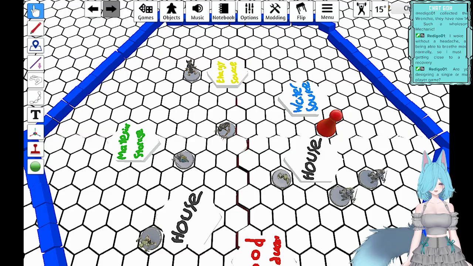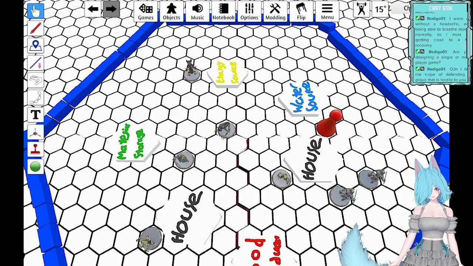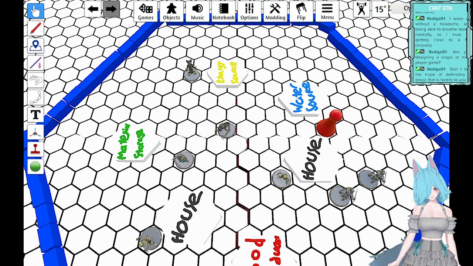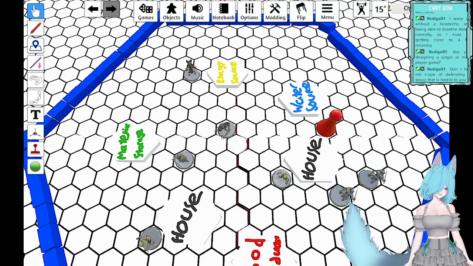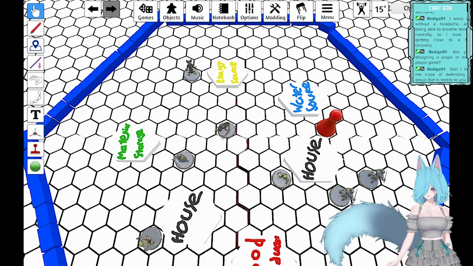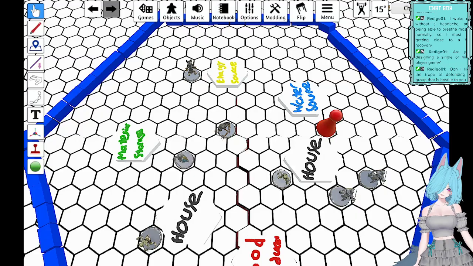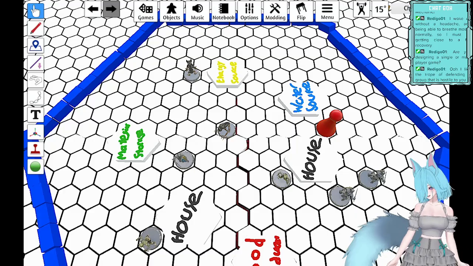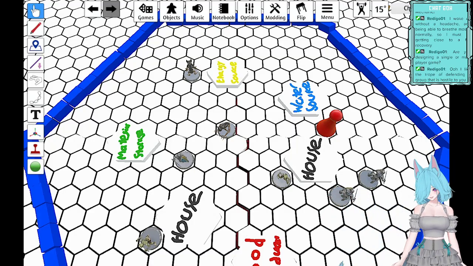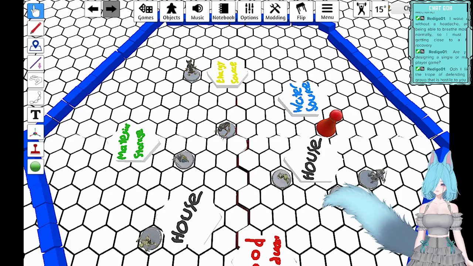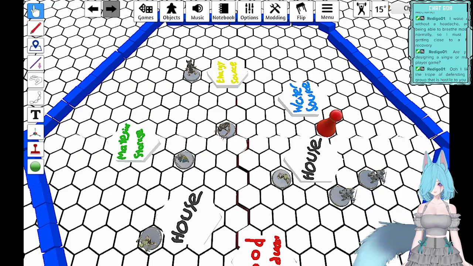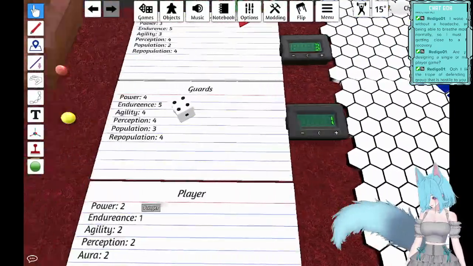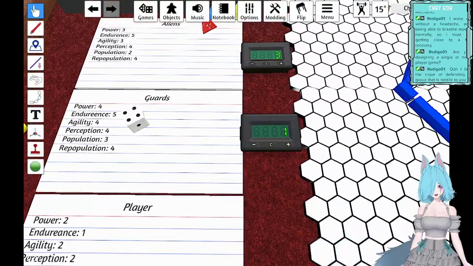The thing right now is... And so we have to split the resources between upgrading the town, upgrading ourselves, and upgrading the guards.